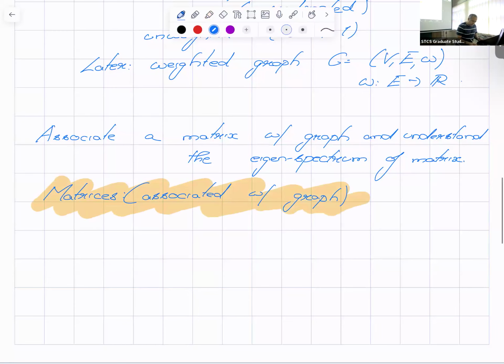And we'll talk about 3 different matrices. One is the adjacency matrix. What is this?